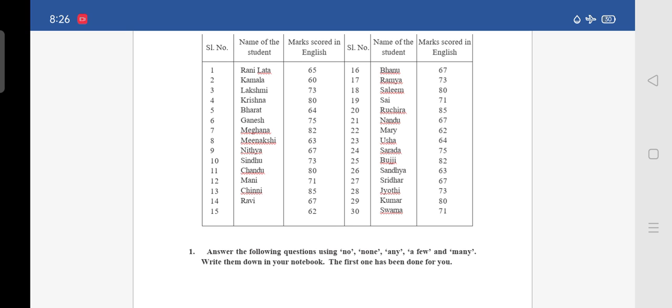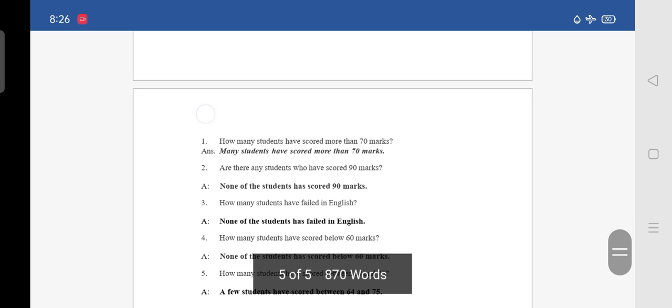They are asking us to answer these questions using no, none, any, a few, many. So using these words we have to answer these questions. For example, they have done the first one for us.